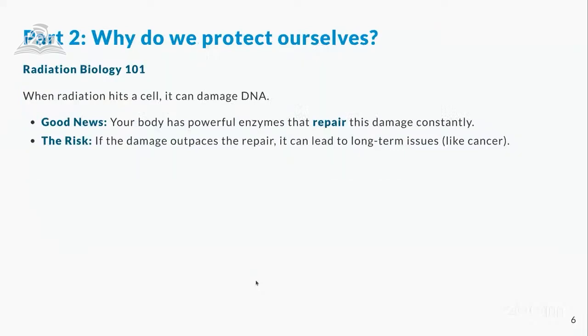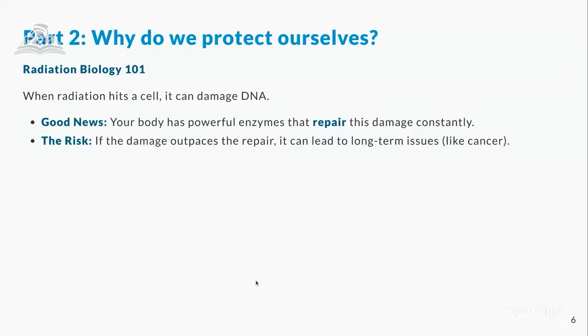So why do we protect ourselves? What's the danger of radiation? What does it do exactly? When radiation hits a cell, it can damage DNA. The good news is that your body has powerful enzymes that repair this damage constantly. You get damage from the sun as well.